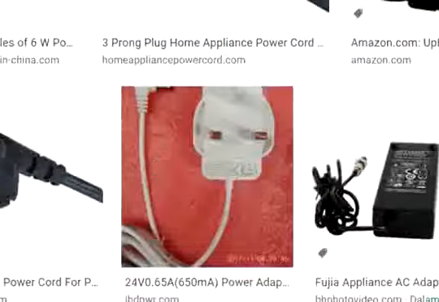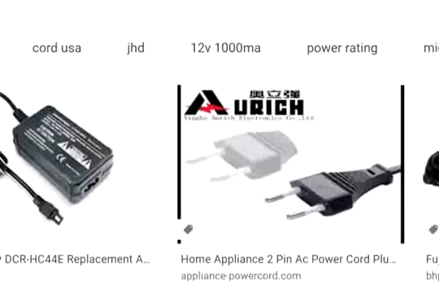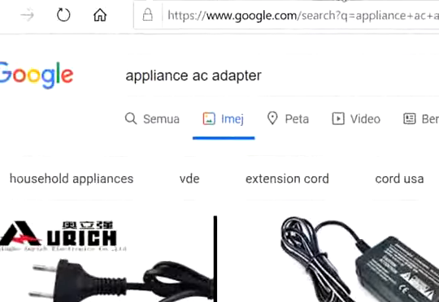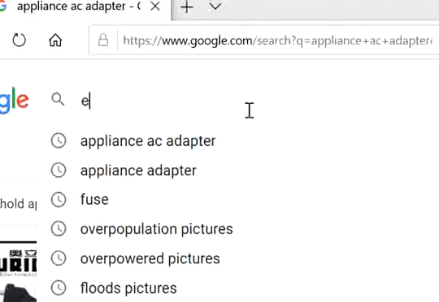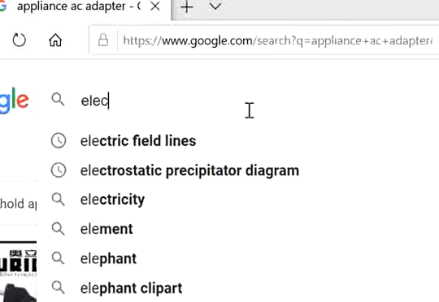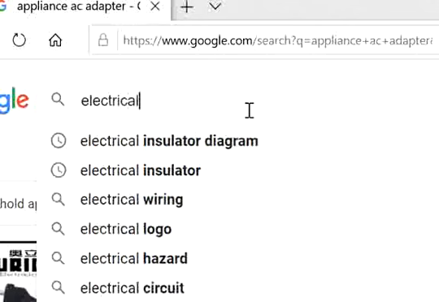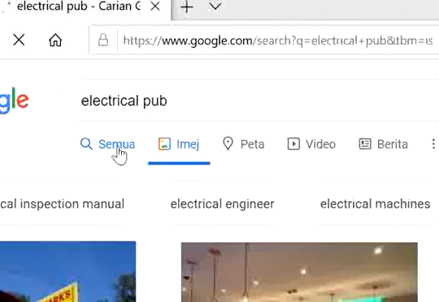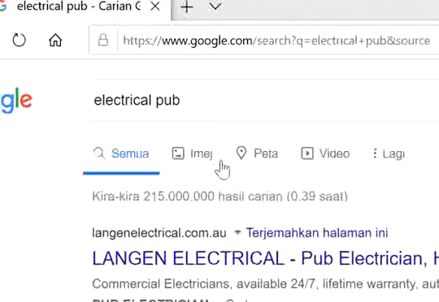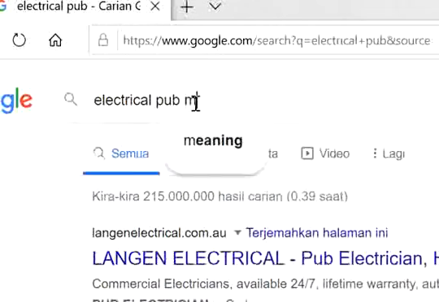I never heard PUB before. Let's Google. What is a PUB?